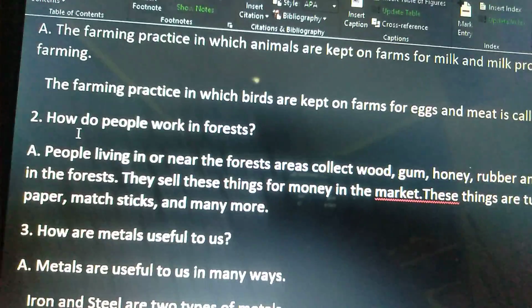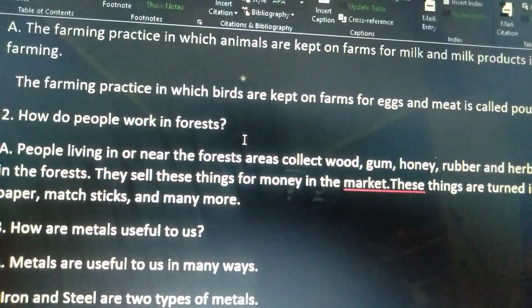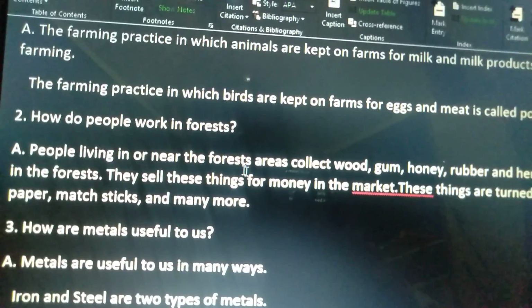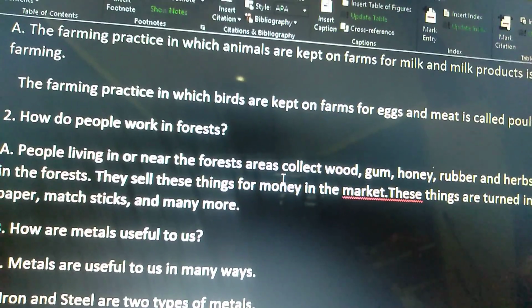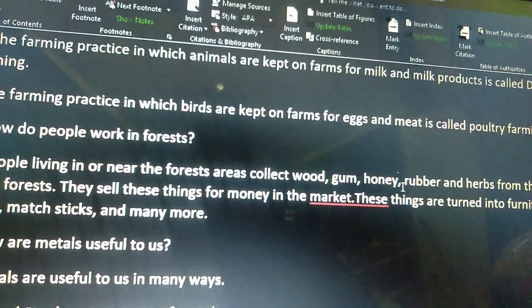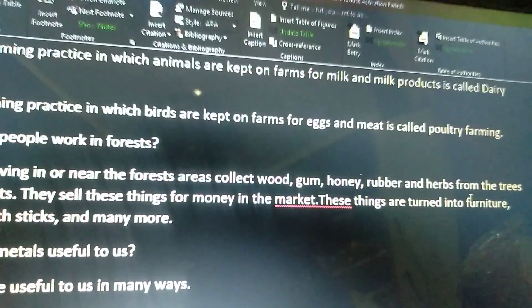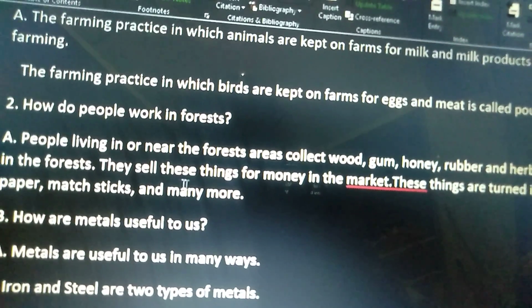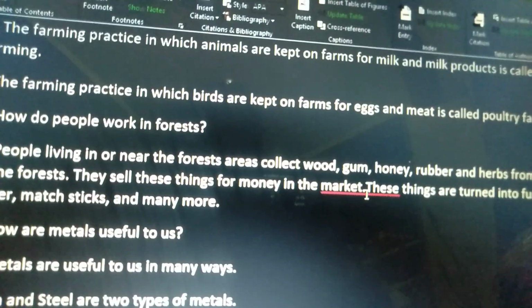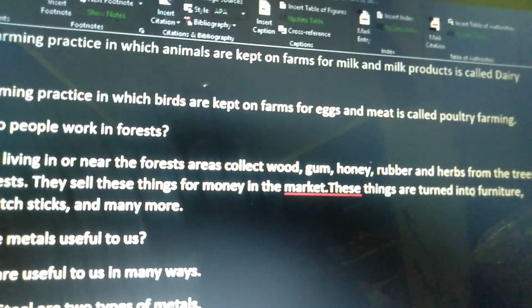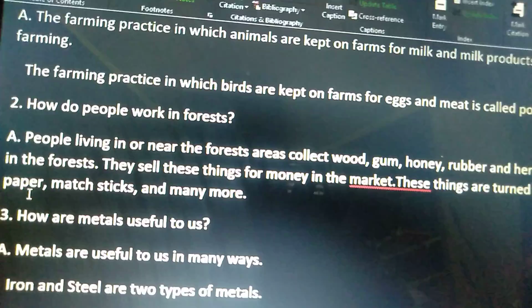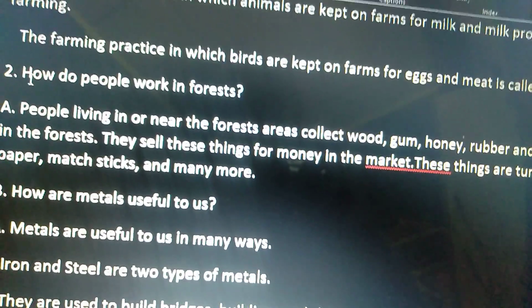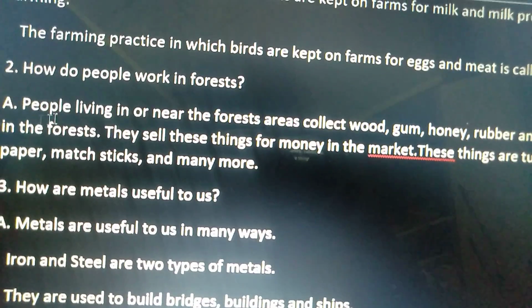Second question. How do people work in forest?